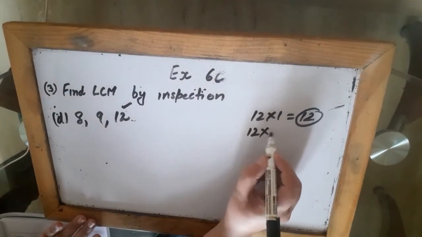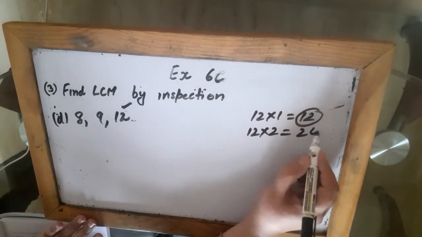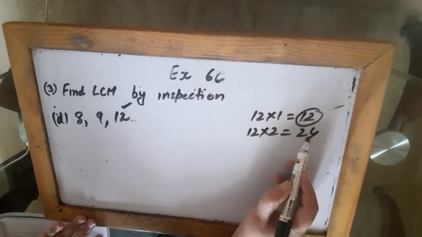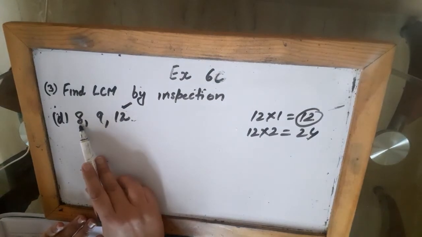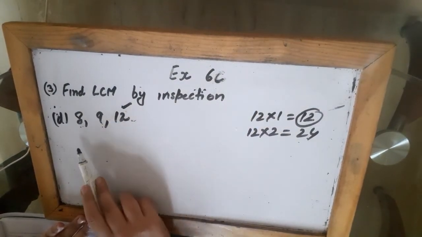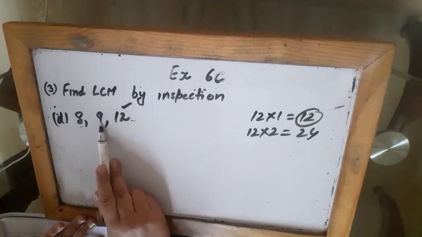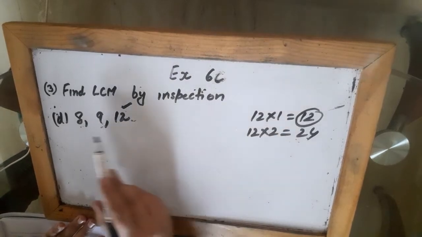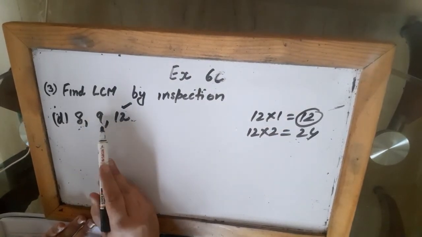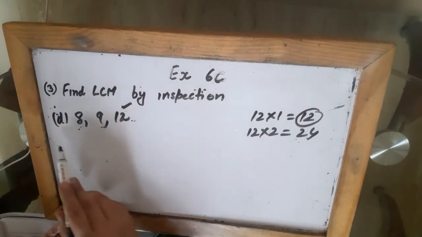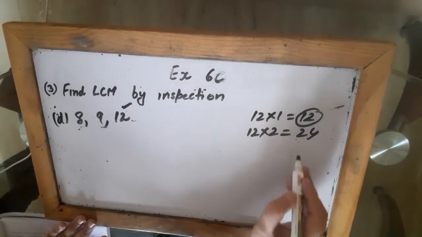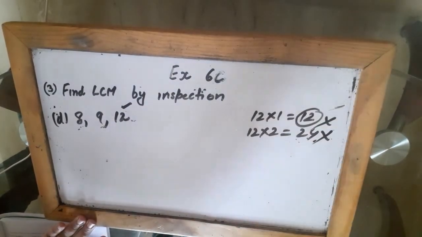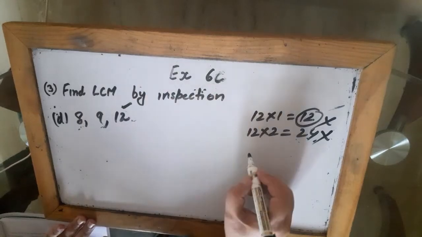Now come to the next multiple of 12. 12 2s are 24. Is this 24 a multiple of 8? Yes, 8 3s are 24. Now is this a multiple of 9? No, I don't get 24 on the table of 9. So 24 is a multiple of 8 also, but it is not of 9, so it cannot be the LCM of all these three numbers.